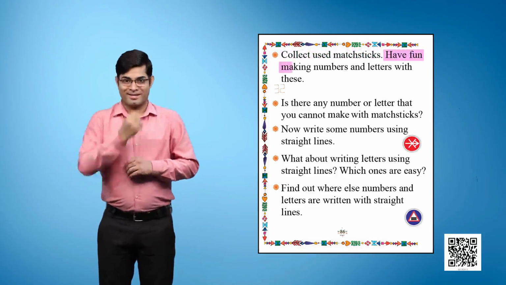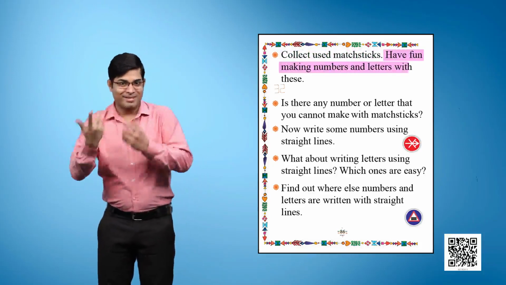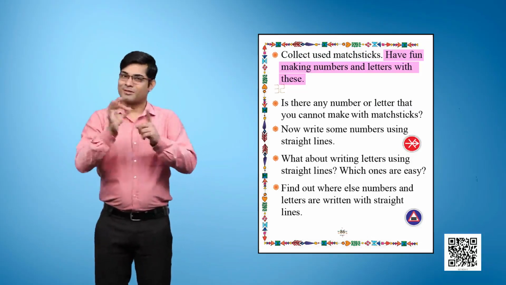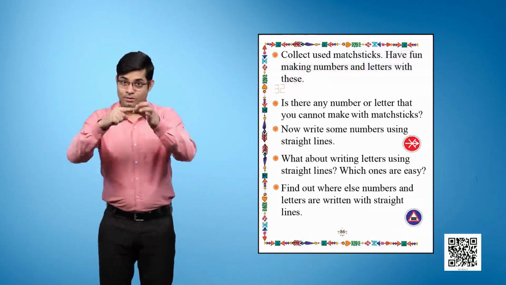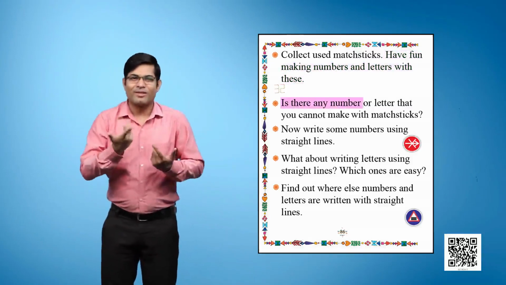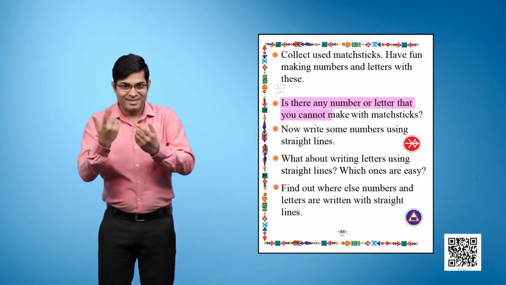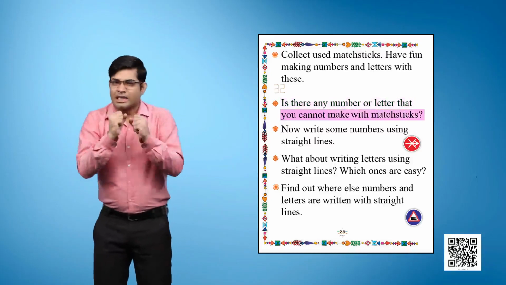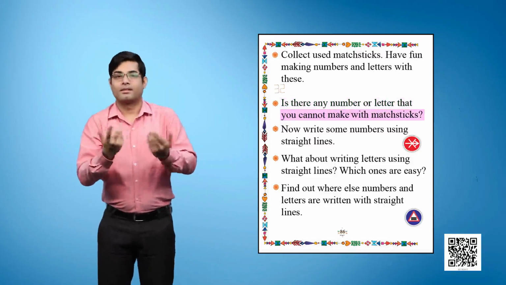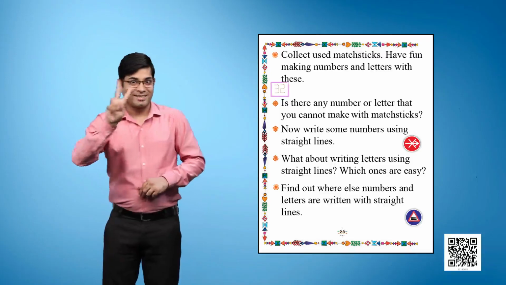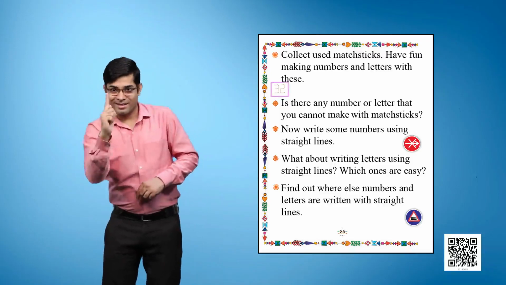Have fun making numbers and letters with these. Question 1. Is there any number or letter that you cannot make with matchsticks? Left side of this question 32 is written with matchsticks.